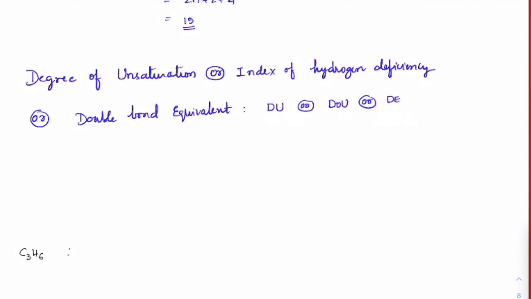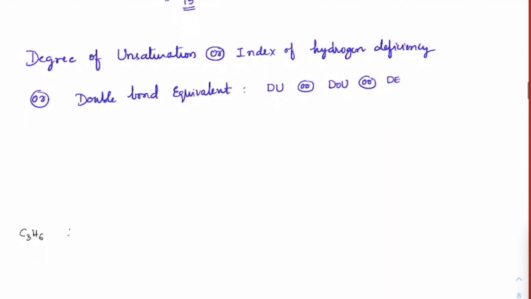Now, for instance, if you have CnHx, what will be the degree of unsaturation for the same? See, the maximum number of hydrogens that you expect is 2n plus 2. This is the maximum it can have. That minus x, divided by 2, will give us the degree of unsaturation.